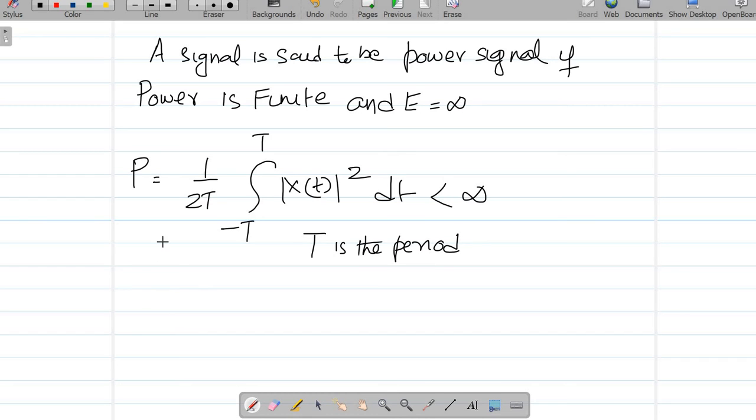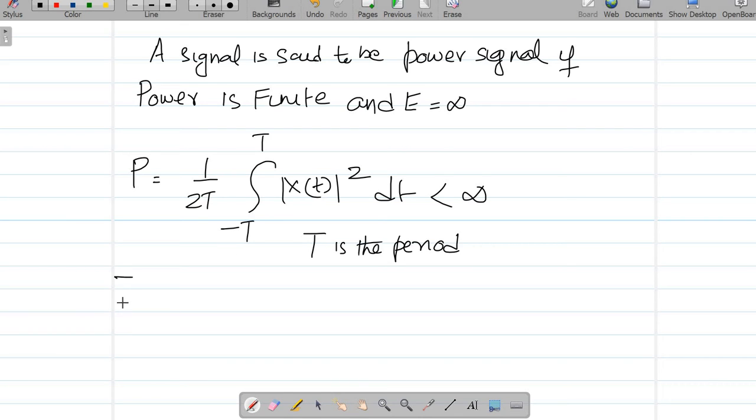Now this definition is for a continuous time signal. The same definition can also be extended for a discrete time signal. The only thing is that instead of using an integral, we are going to use a sum.